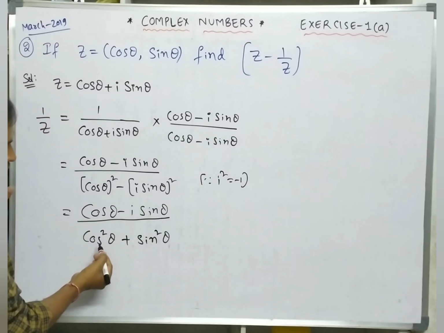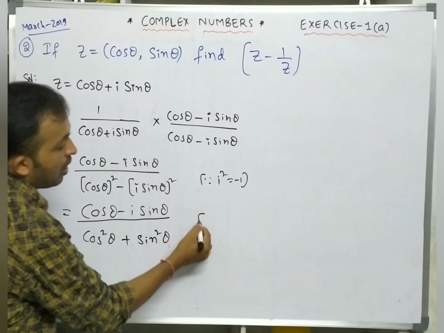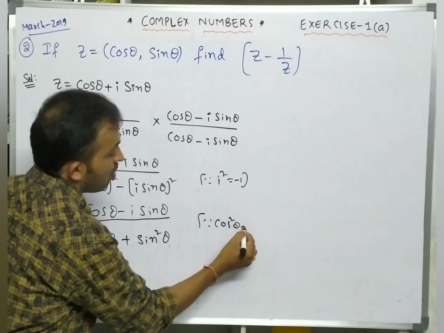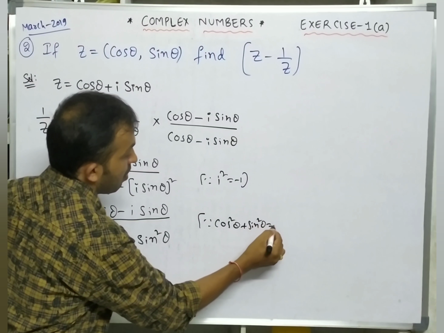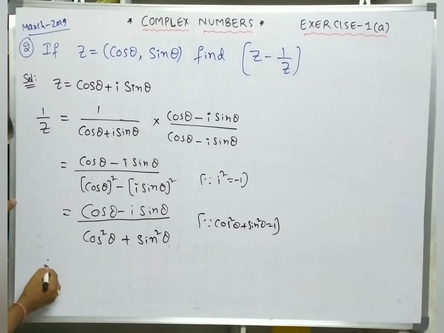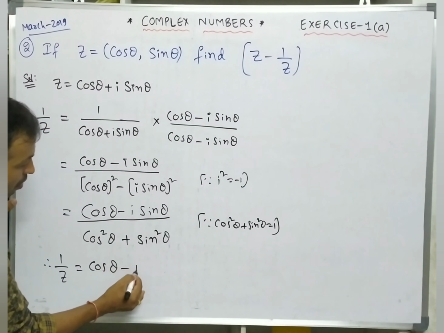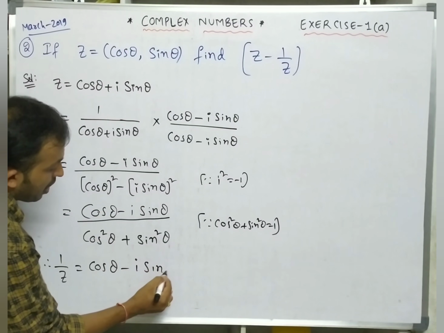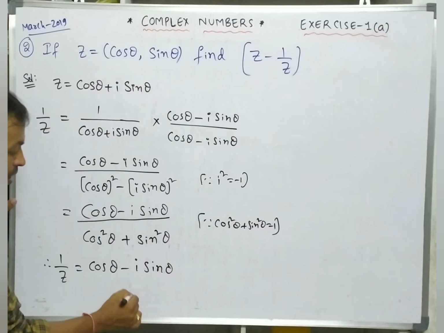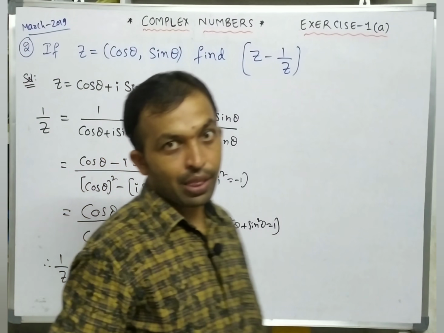So we know that cos square theta plus sin square theta is equal to 1. So therefore, what is the value of 1 by z? Cos theta minus i sin theta by 1 means cos theta minus i sin theta.